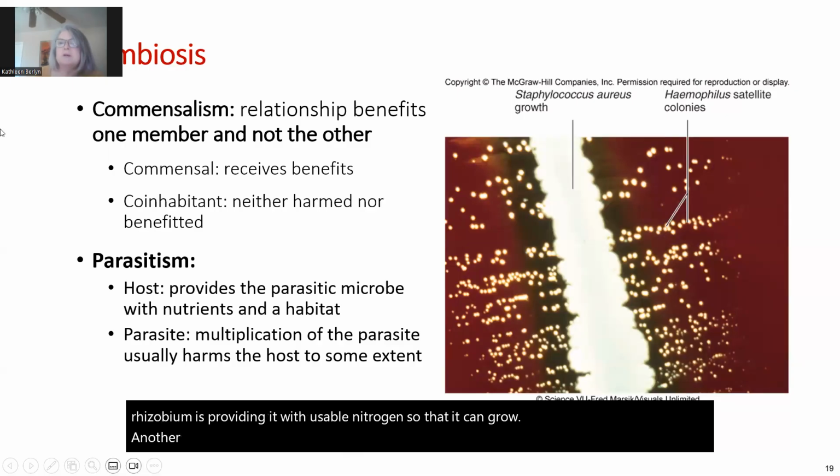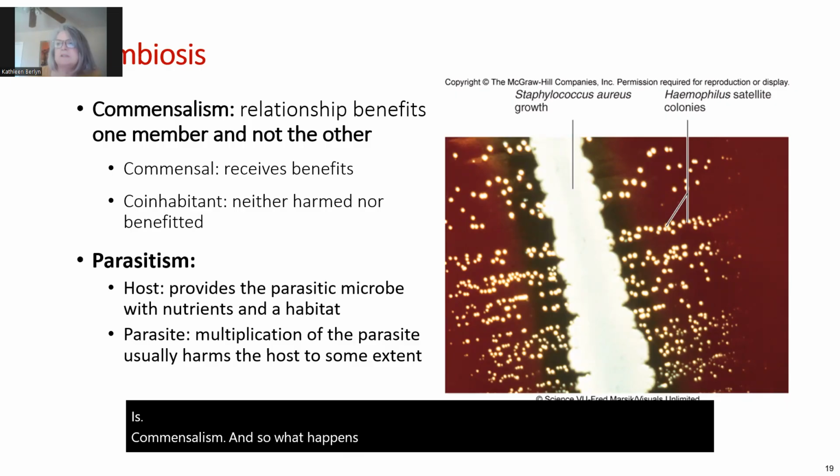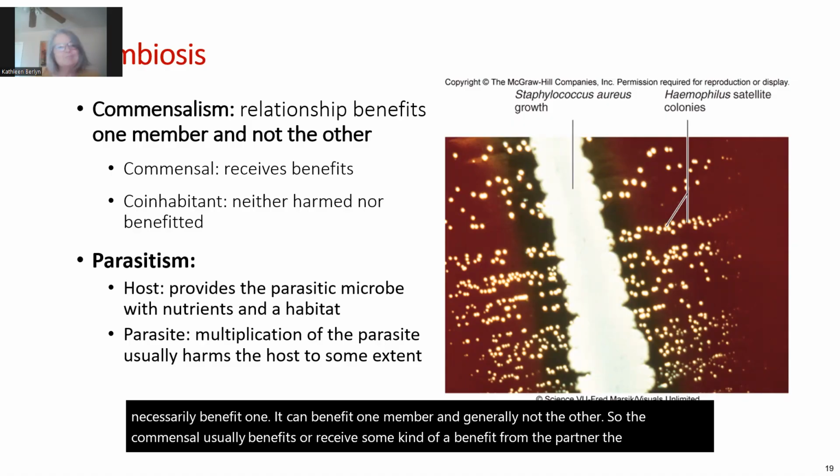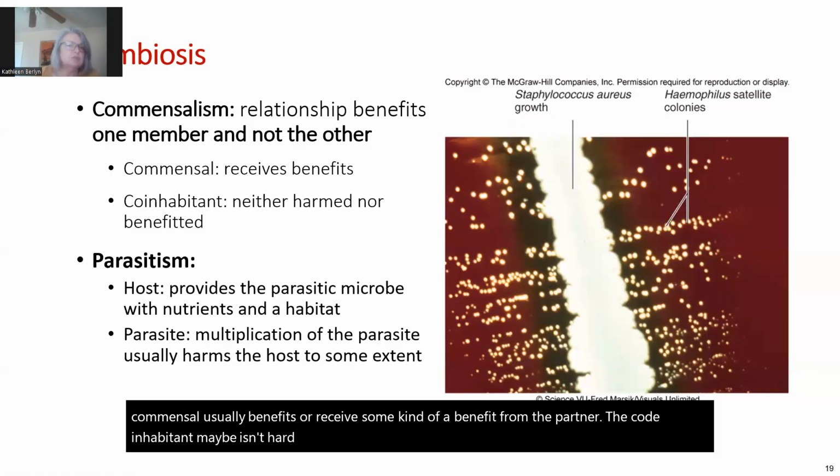Another example of symbiosis is commensalism. What happens here in commensalism is that the relationship can benefit one member and generally not the other. So the commensal usually receives some kind of benefit from the partner. The co-inhabitant maybe isn't harmed, but it also probably doesn't benefit.